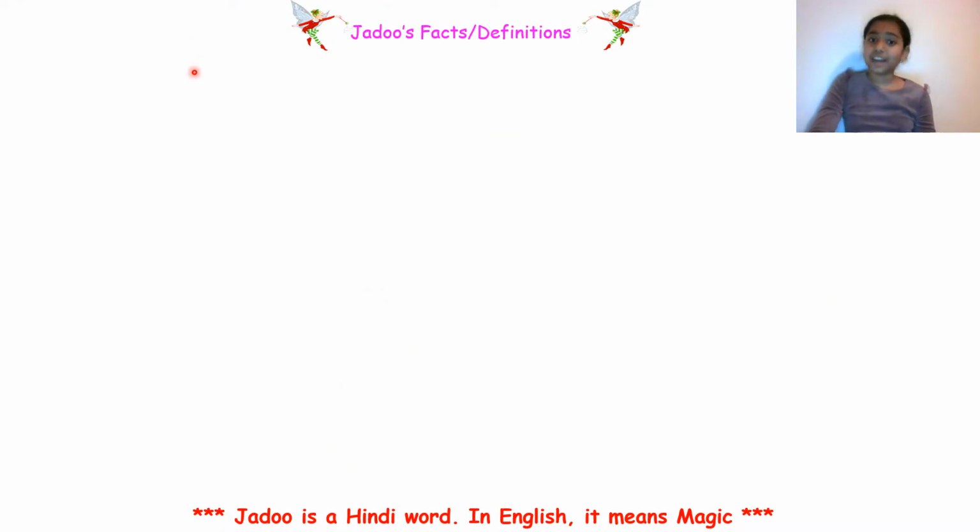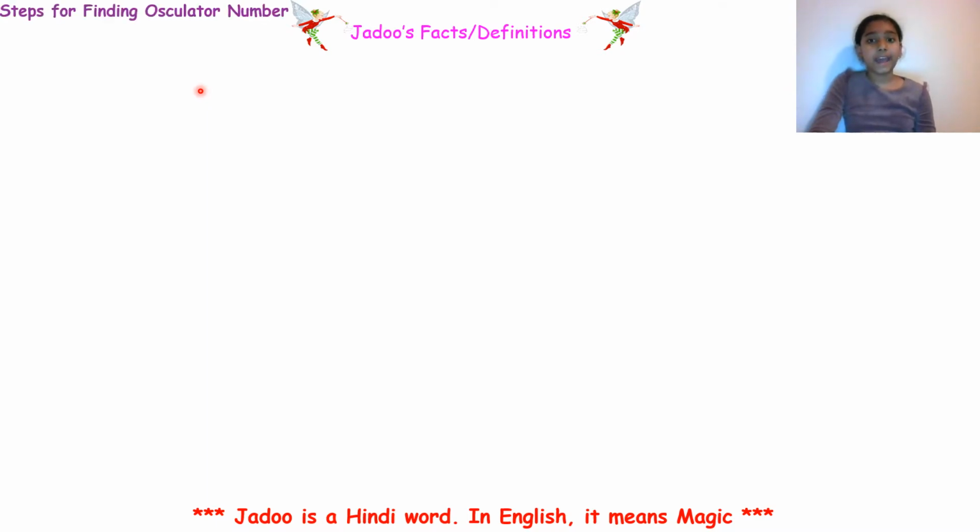Well, under Jadoo's definition, we are going to define how to get the oscillator or seed number of any odd number divisor ending with 1 or 3 or 7 or 9.